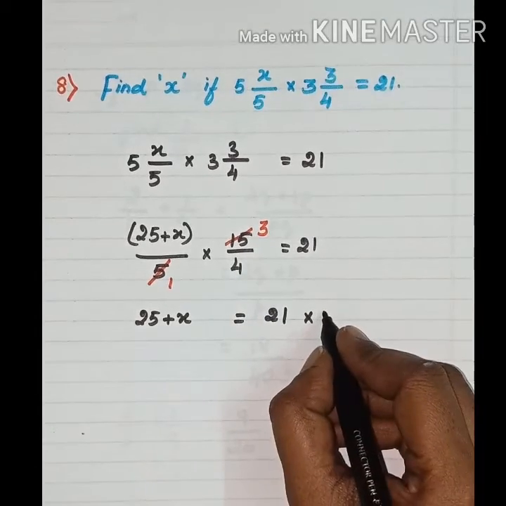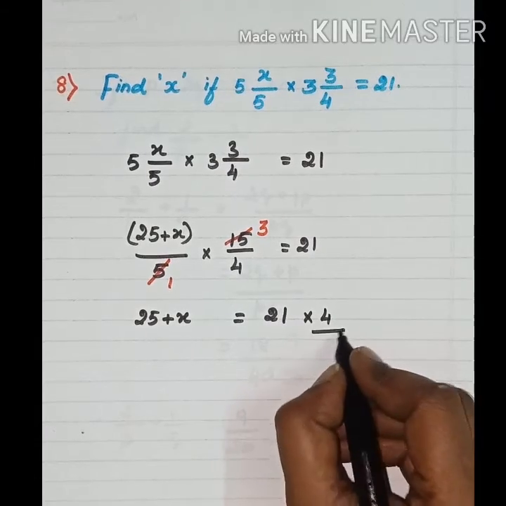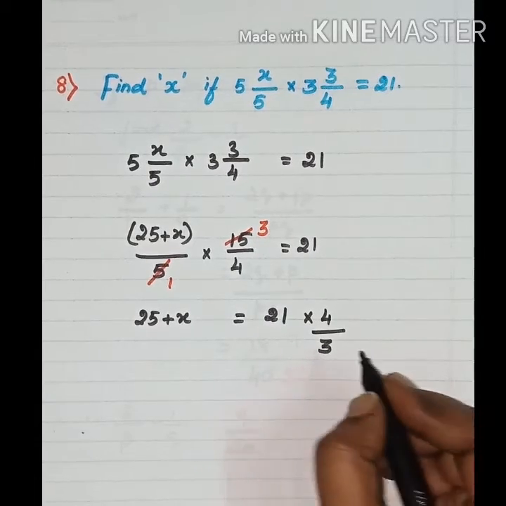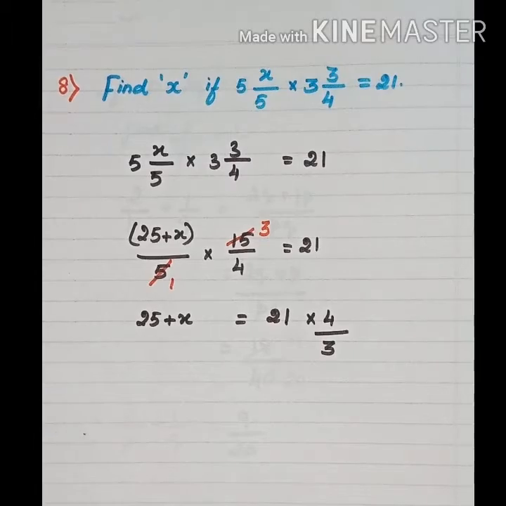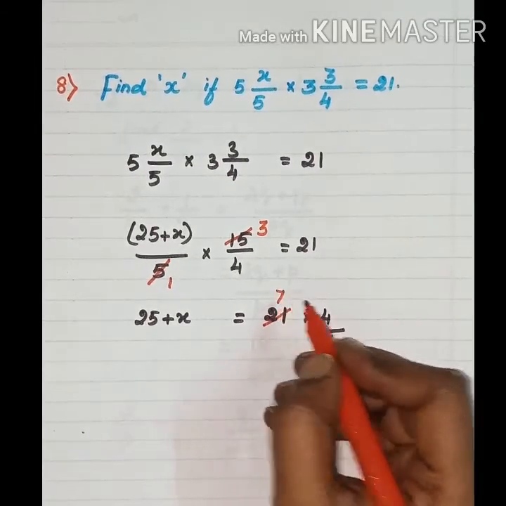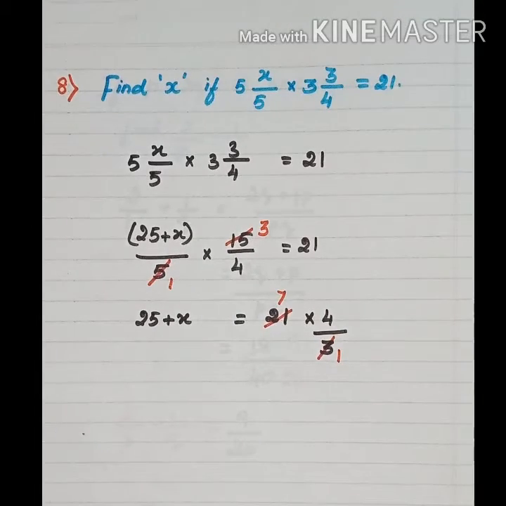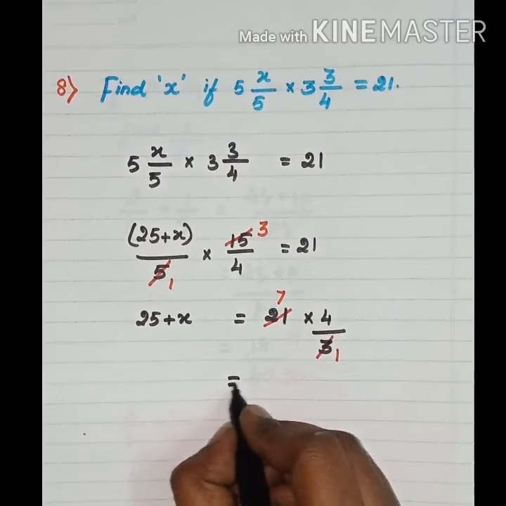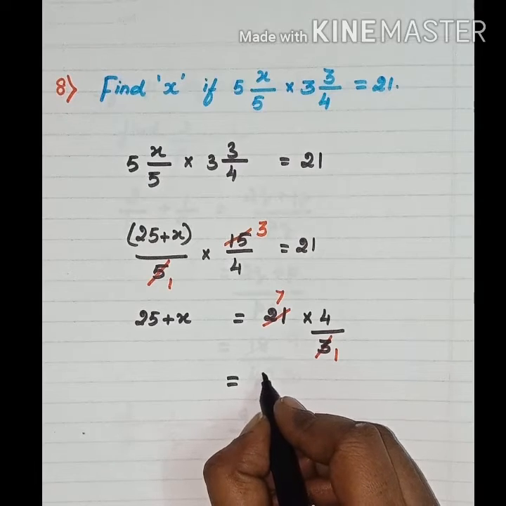This 4 will go to the numerator and 3 will come to the denominator. Here 1 3s are 3, 7 3s are 21. 7 4s are 28.